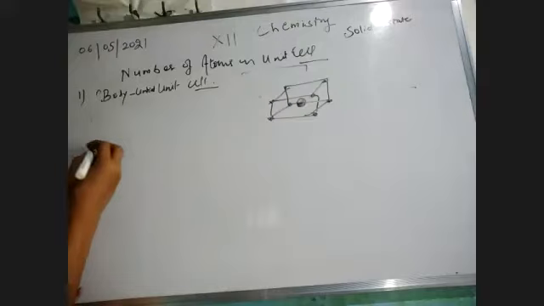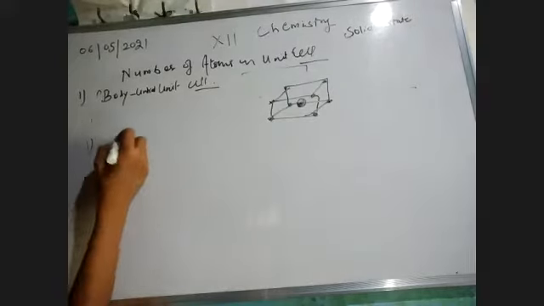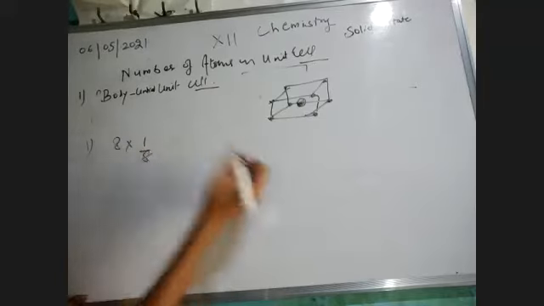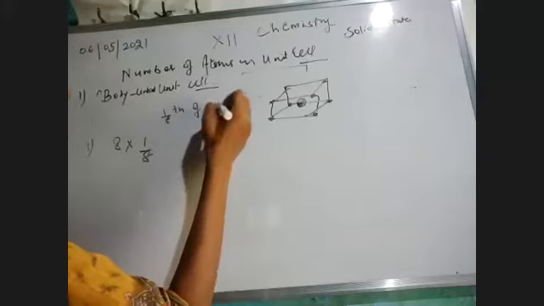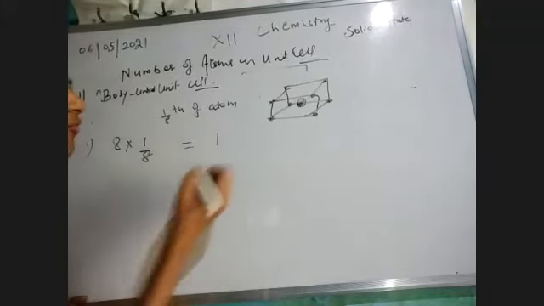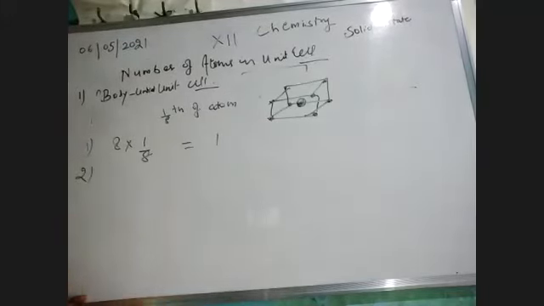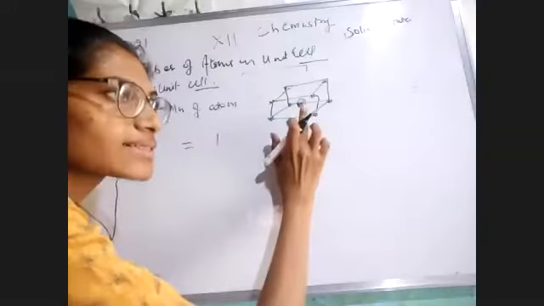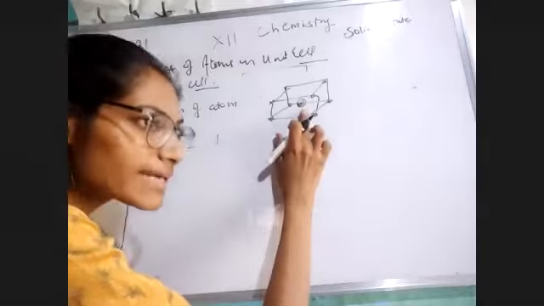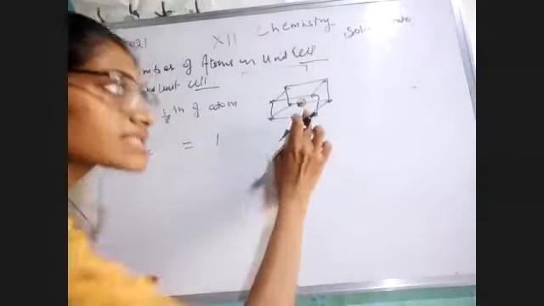So first of all, to calculate the number of atoms, the first point is 8 into 1 by 8. Why? Because 1 by 8 of an atom belongs to this unit cell, as I have already told. So that is 1. The second point is the atom present in the center of the body of the unit cell.